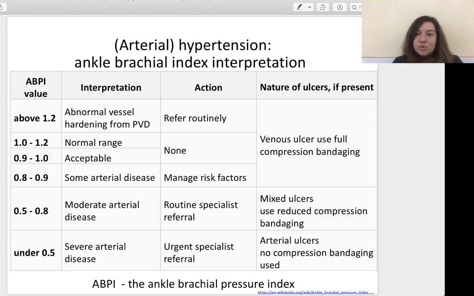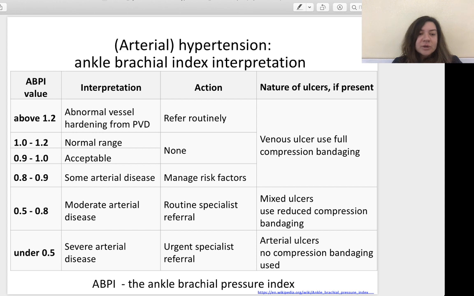And how to interpret the result of the ankle brachial index. If ABPI is above 1.2, this relation from leg to arm, it is abnormal vessel hardening. From 1 to 1.2 it is the normal range.